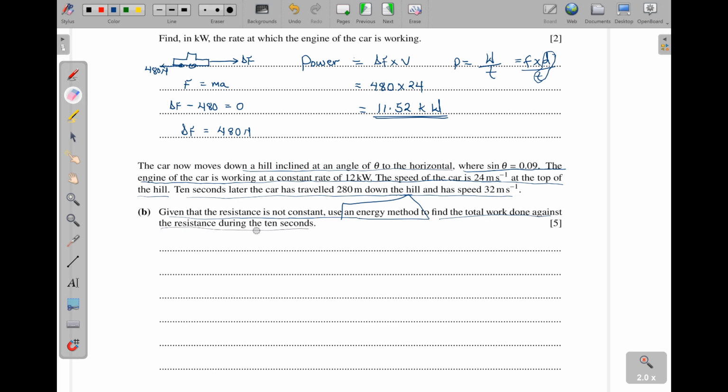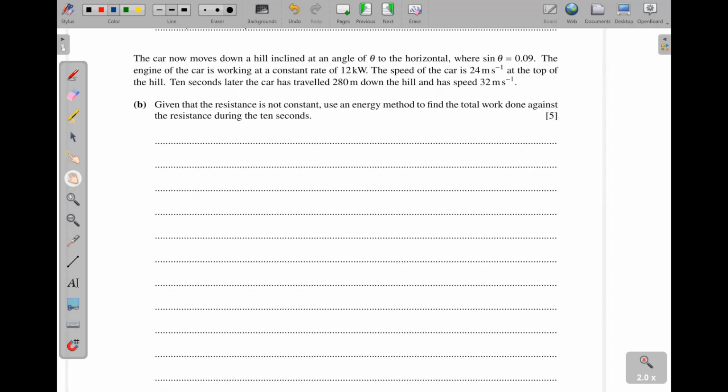You could use F equals ma to get the acceleration, and then use v squared equals u squared plus 2as, and you would also be in a position to find the value we are looking for, but they said energy method, so we have to stick to this. Now in my sketch here, just a simple sketch, I have this car up here.